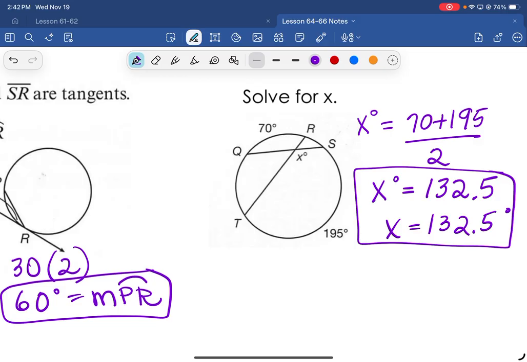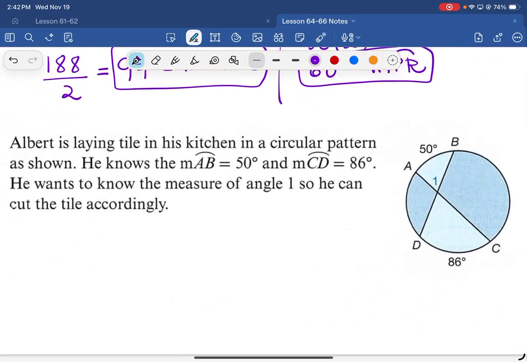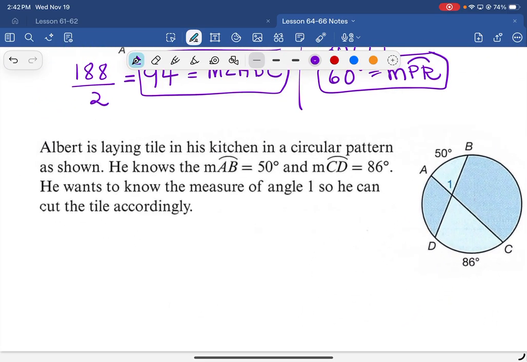Okay, why don't you try the very bottom example on your own? They're asking for angle 1.